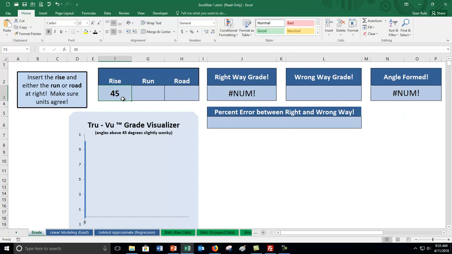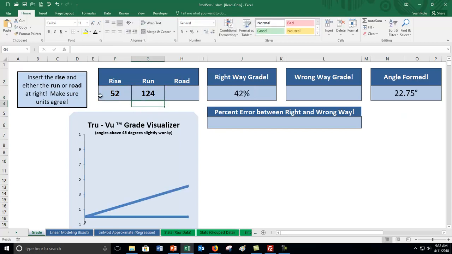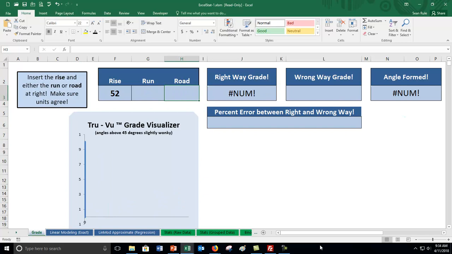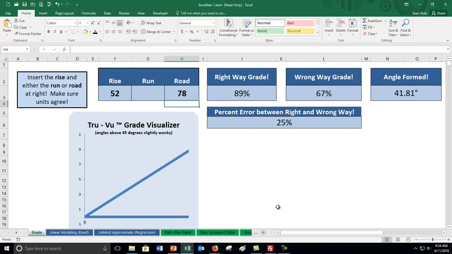So let's suppose something rises 52 feet, but it runs 124. If you plug in rise and run, 52 and 124, notice it only gives you the right way grade. There's no reason to calculate a wrong way grade here, because I gave you exactly what you needed. The only time you'll want a wrong way grade is if you don't have the run and instead have the road.